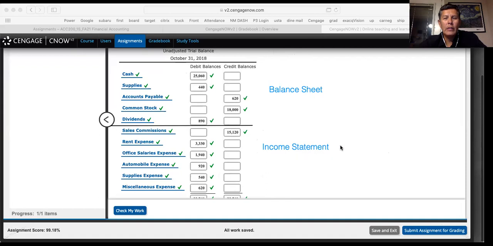So the income statement, revenues minus expenses, goes to retained earnings, and retained earnings closes out to our balance sheet. Let me clear them all and stop.